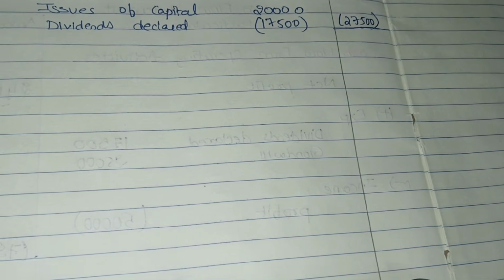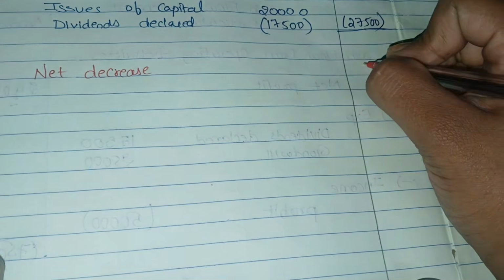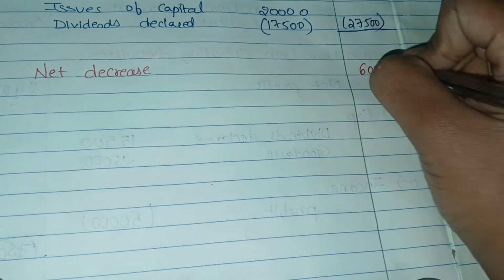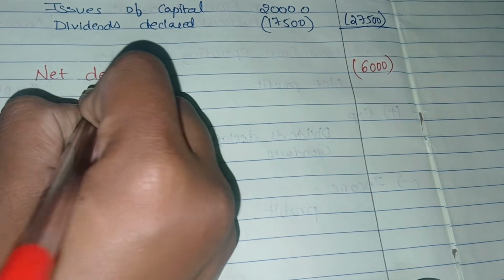So we are getting minus, which is nothing but net increase or net decrease. We will call it a net decrease, because the amount is negative. So how much is it decreased? Minus 6,000. What I have said in the pro forma, we need to add the opening cash.